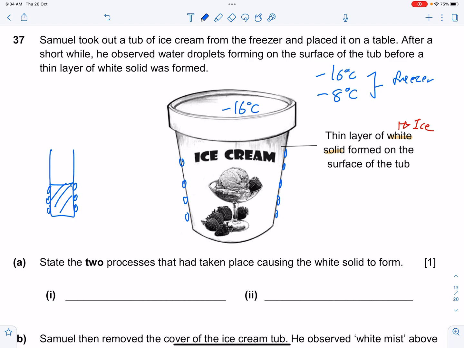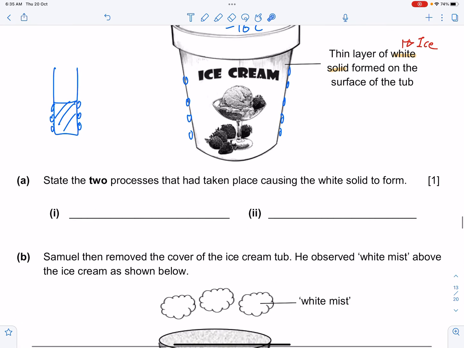So when you first take it out of the freezer, it cannot straight away drop to 0, right? It would be definitely around negative 12 degrees, negative 10 degrees. Whatever the case is, it is still below 0 degrees. So it will freeze this part here, forming your solid ice.